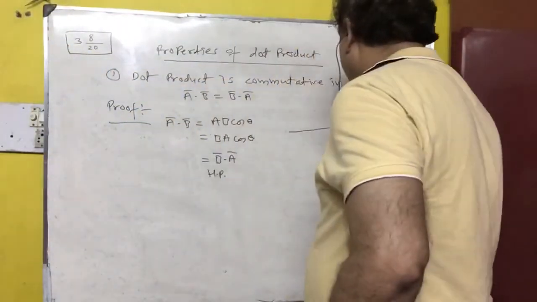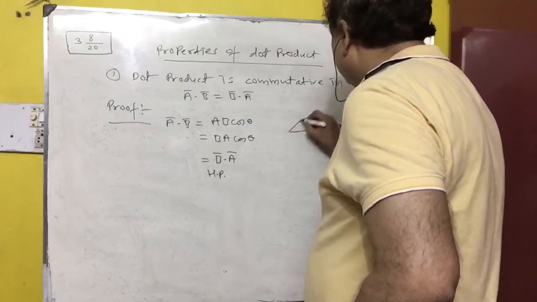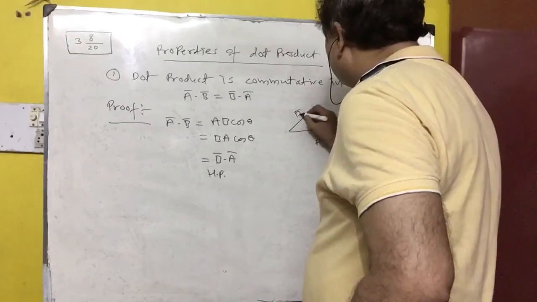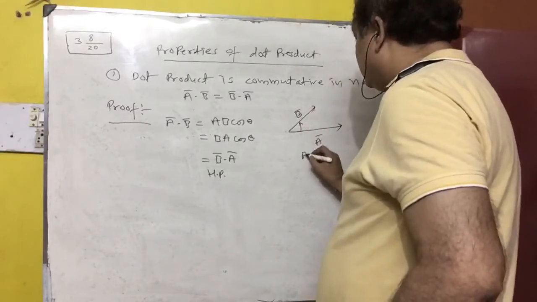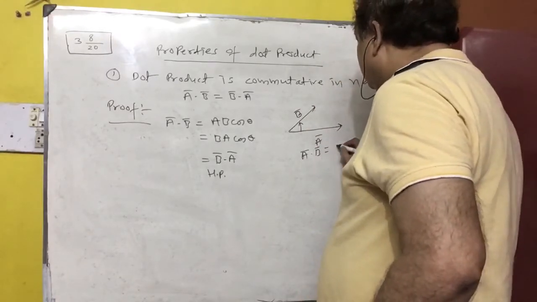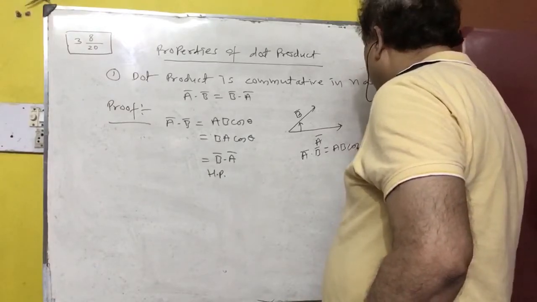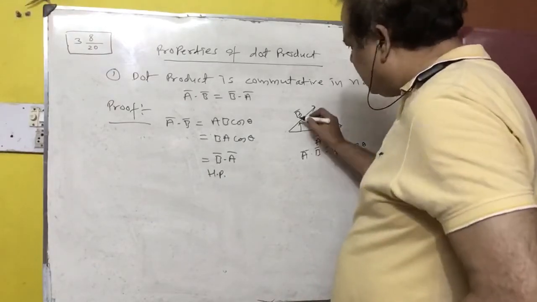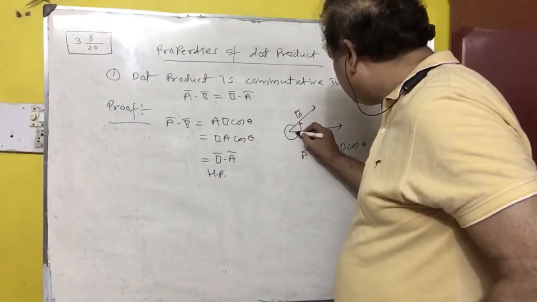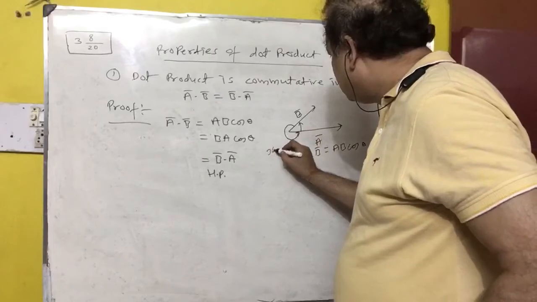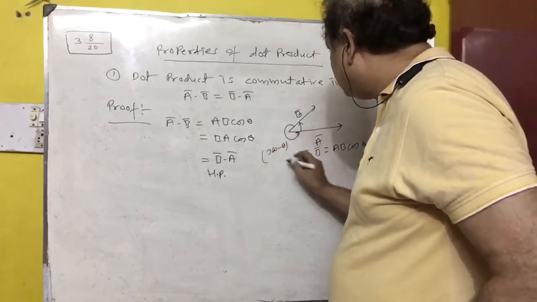तो देखो एक और बात बताता हूँ. This is a vector and this is b vector, and this is a vector dot b vector. So a vector dot b vector is ab cos theta. But suppose you are taking b to a, so b to a ये वाला एंगल है, and this angle is 360 minus theta.